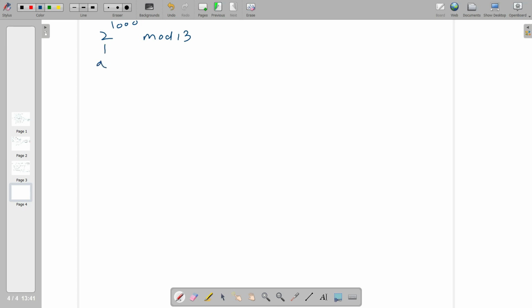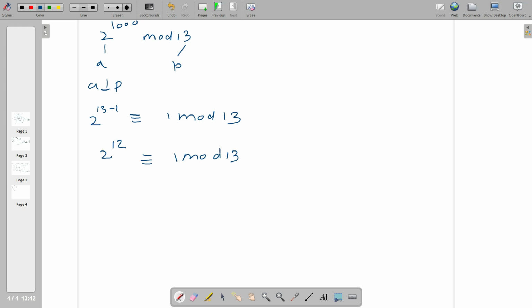Here 2 is a, 13 is p, a is co-prime to p, and p is prime. So 2 to the power 13 minus 1, that is 2 to the power 12, is congruent to 1 mod 13.